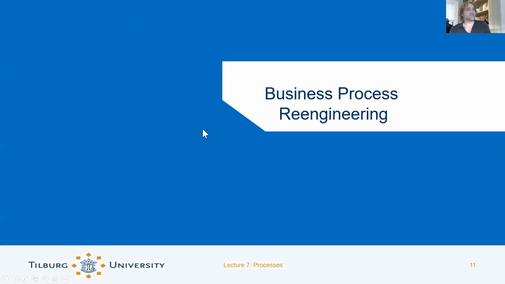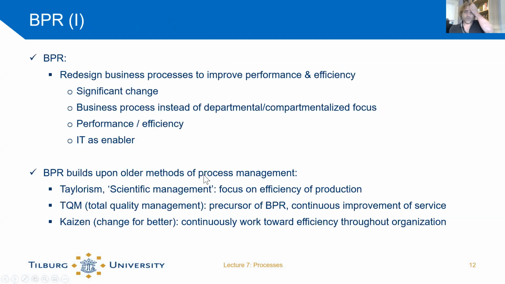Okay, rapid prototyping, agile development, etc. I want to talk a bit about process reengineering, and then we go to information flow modeling. The reason that I want to talk about business process reengineering is twofold. First of all, it is pretty important and still fairly much used in organizations, especially by consultancy companies.